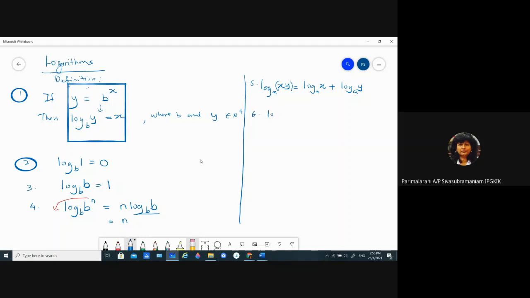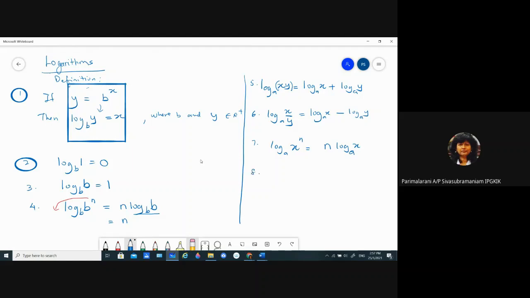If you have log x divided by y, then this is equal to log x minus log y. If you have log x to the power of n, then this is equal to n log x. This is a very useful rule to solve a lot of logarithm questions.